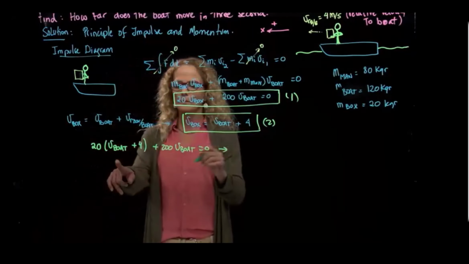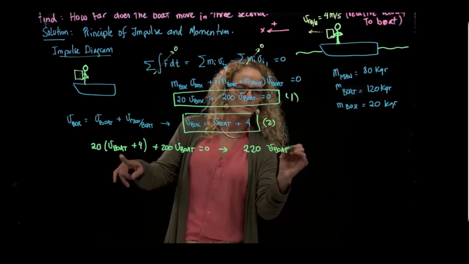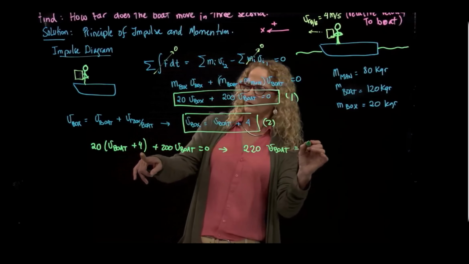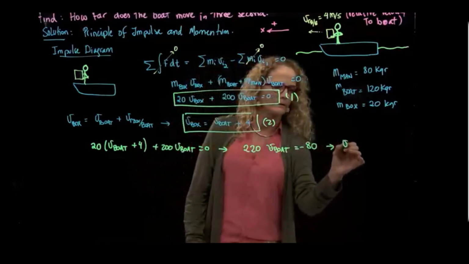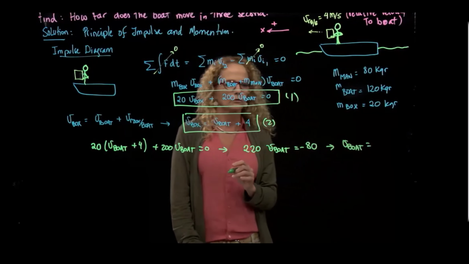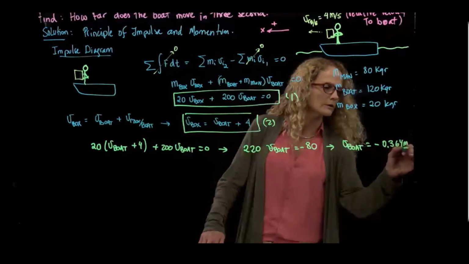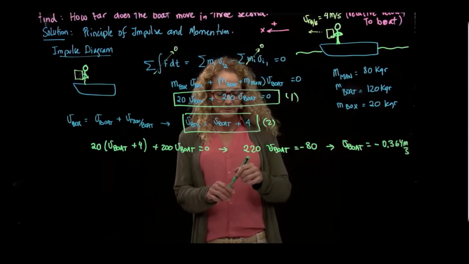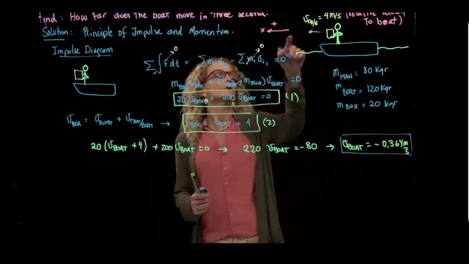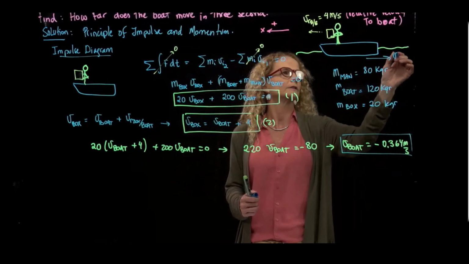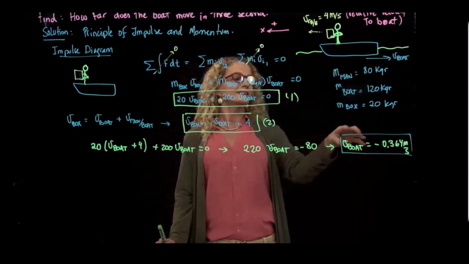Therefore, 220 times the velocity of the boat equals negative 80. So the velocity of the boat is negative 0.364 meters per second. The negative value means that while the box moves in this direction, the boat moves in the opposite direction. This is an absolute value, and we were able to find the velocity of the boat.